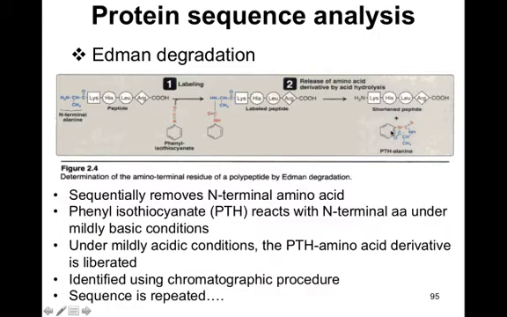And then this derivative is identified using the chromatographic procedure that we just discussed earlier. So while the amino acid composition by itself is not used any longer to identify the composition of a protein, it is still used in the context of identifying the individual amino acids. And then the sequence is repeated until you are done with all the amino acids.